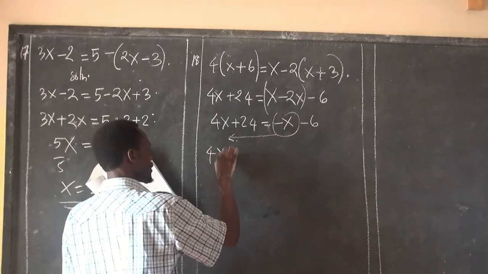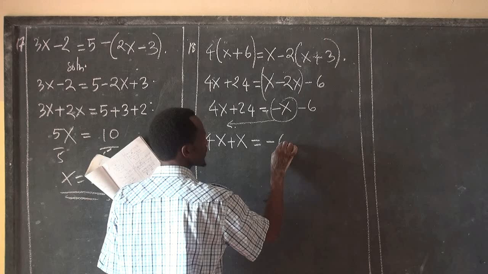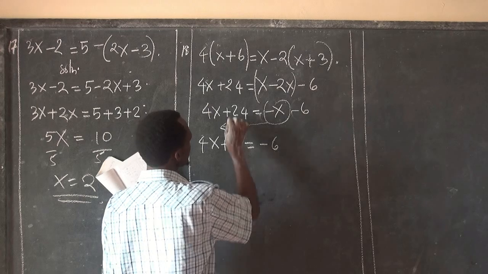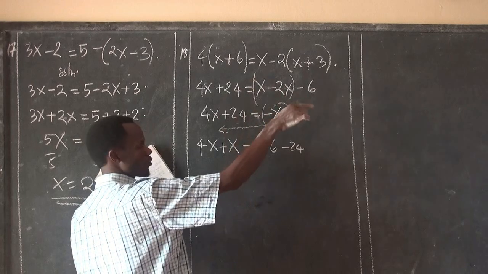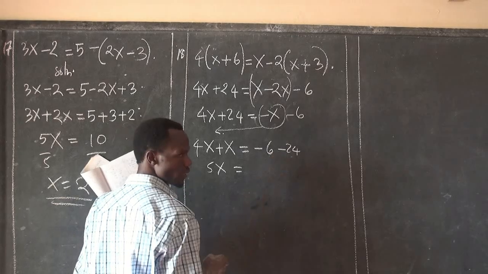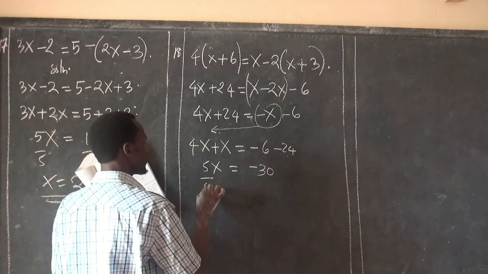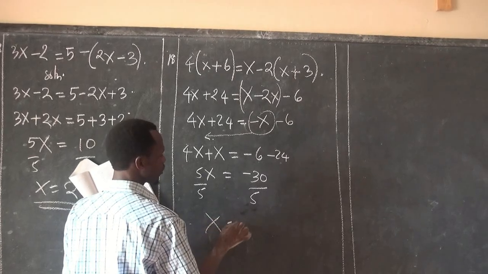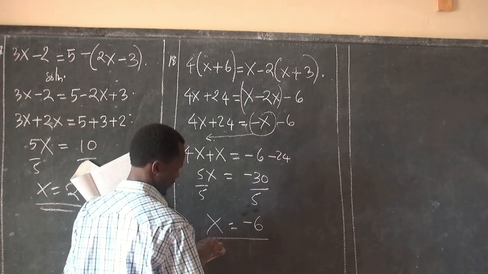Now you have 4x plus x is equal to negative 6, because we are left with negative 6, and negative 24, because we have taken it to the other side. Now 5x is equal to negative 30. We divide by 5 on both sides. Now x is equal to negative 30 divided by 5, which is equal to negative 6.